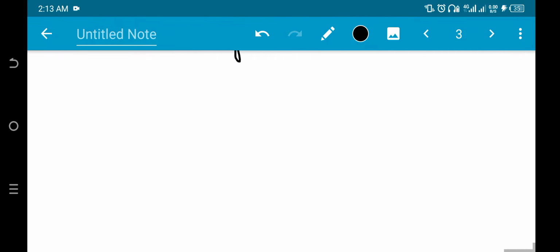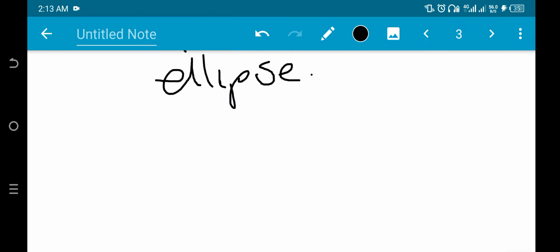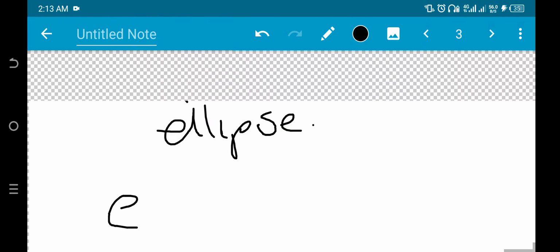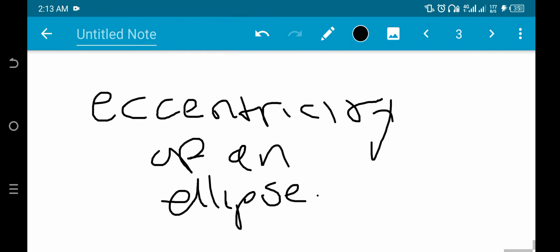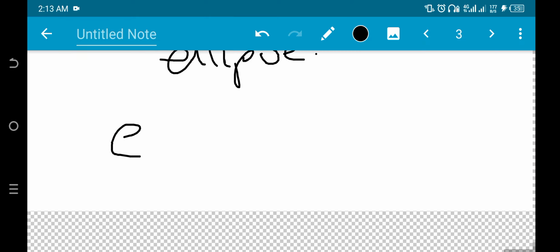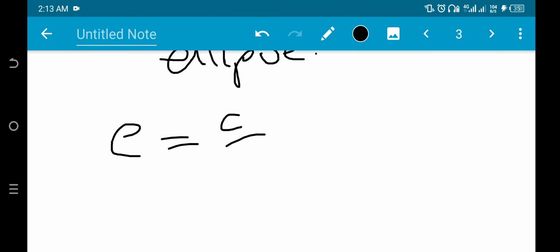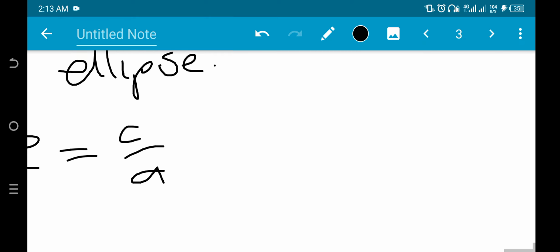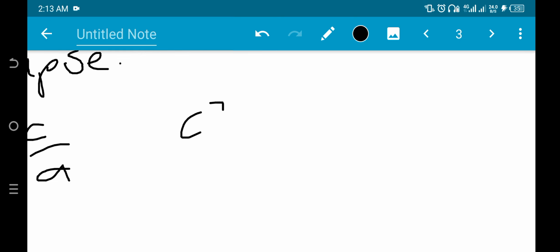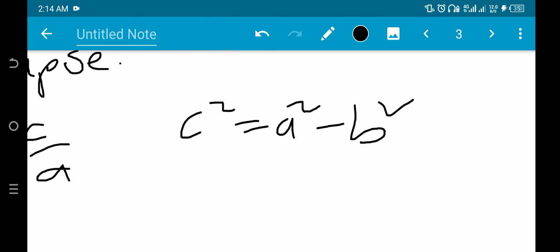So the mathematical definition of what eccentricity is, it is just e, which is the first letter in the word, equal to c over a. Now you remember what c is. c is the focus. Now what is c? We know that c squared is equal to a squared minus b squared for the ellipse. Why? Because a is always greater than b.